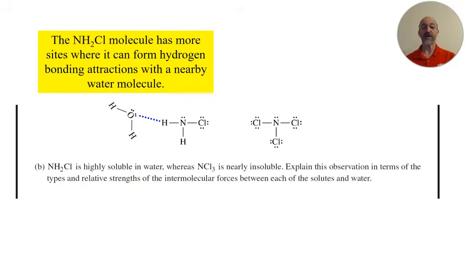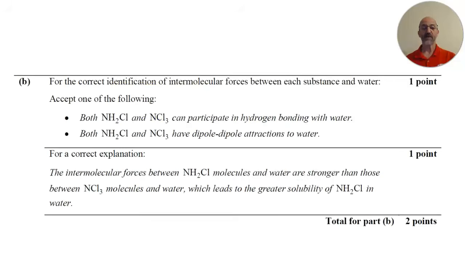Now I'm going to show you the official scoring guidelines for question 4, part B from the 2022 AP Chemistry exam. So this was a 2-point explanation. So first, you get 1 point for the correct identification of intermolecular forces between each substance and water, and they accepted either hydrogen bonding attractions or dipole-dipole attractions.